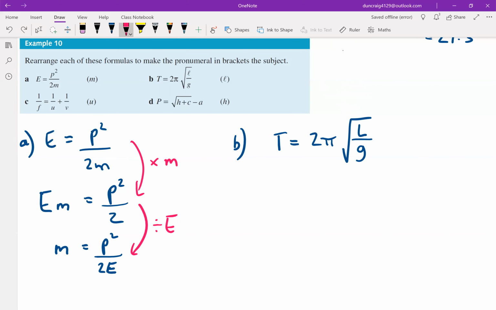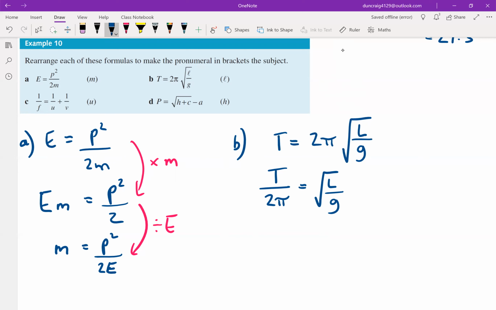So what I'm going to do is divide both sides by 2 pi. T divided by 2 pi is equal to the square root of L over G. Okay. The reason why I divide by 2 pi is because 2 pi has been multiplied by the square root of L over G. So the opposite of multiplying is divide.